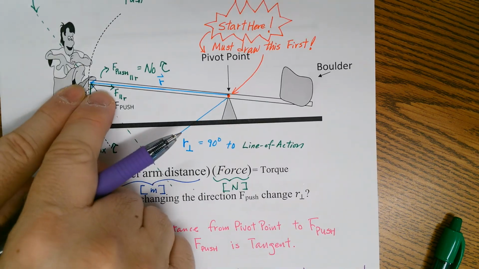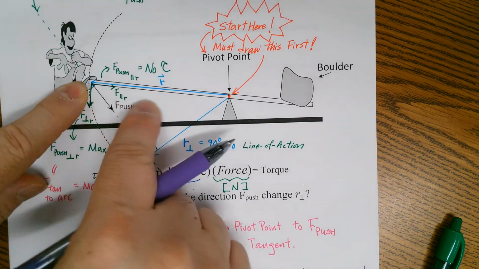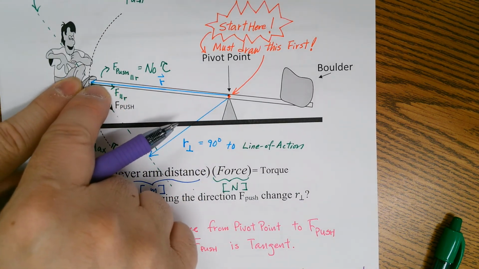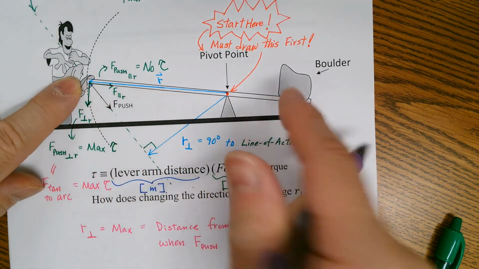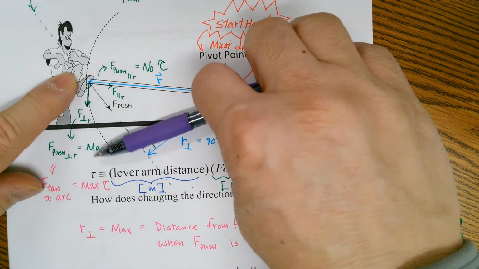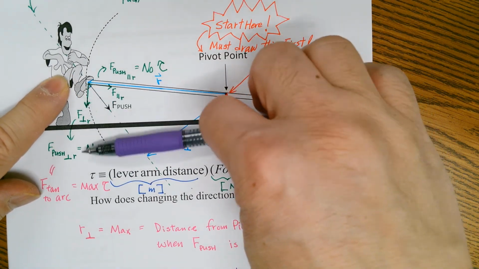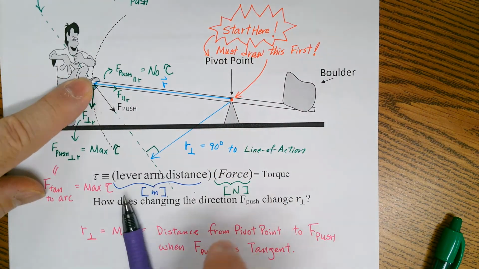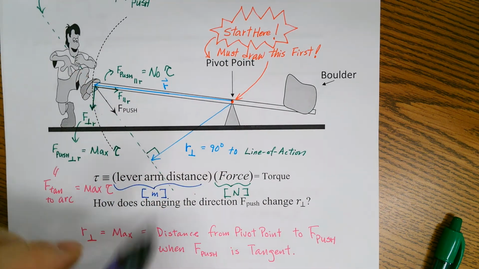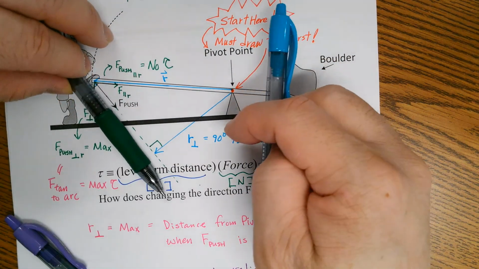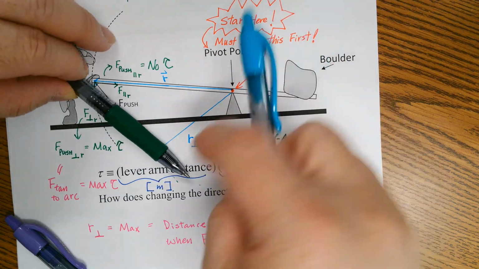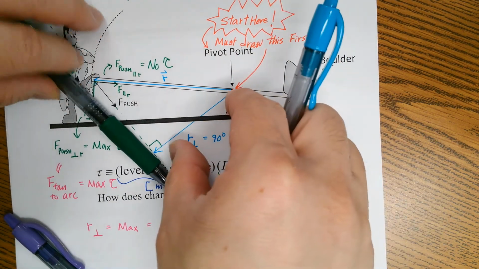So when the force is going this way towards the pivot point, it goes through it. R perpendicular actually also goes to zero, right? Because as this force goes this way, notice the shrinkage of my R right here.